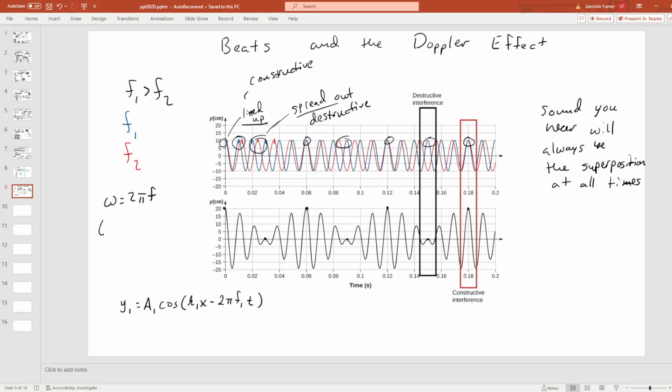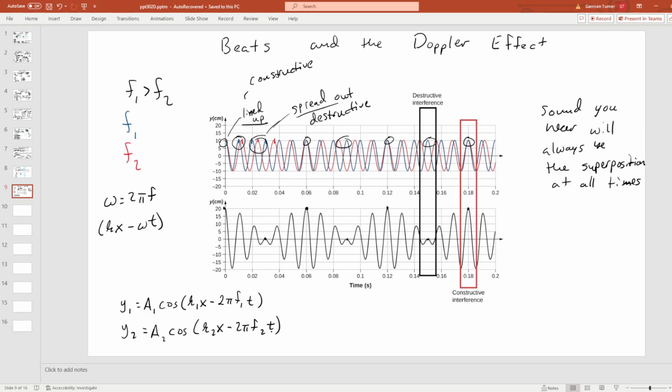So your argument is the same thing as we've been writing down before, kx minus omega t. And then y2 is going to have amplitude A2 times cosine of k2x minus 2 pi f2 t.